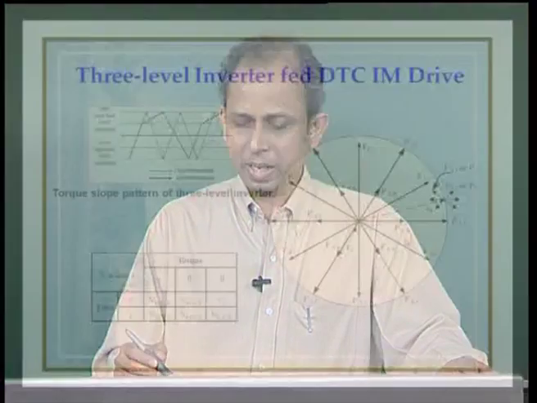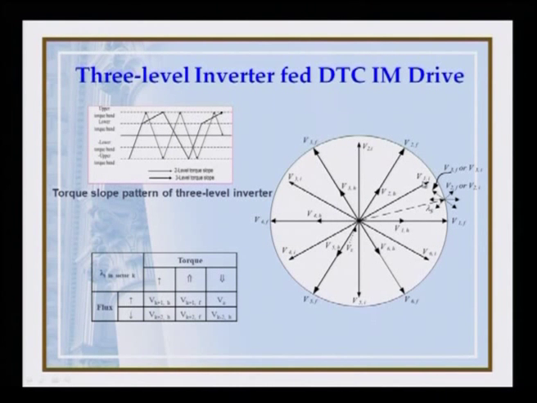For example, we have here V1i the intermediate voltage vector, and V2i, V3i, V4i, V5i and V6i. So, when we control, the flux lambda s can be anywhere here.